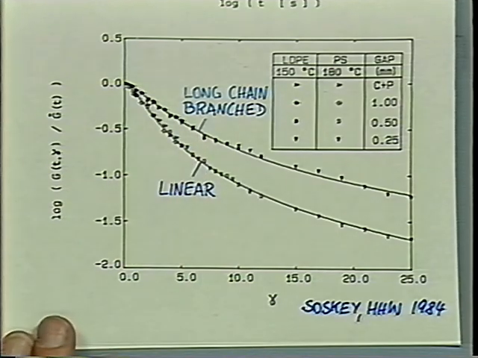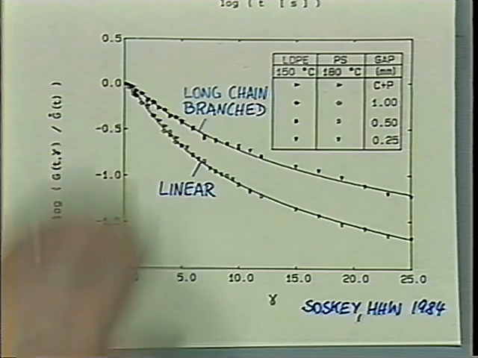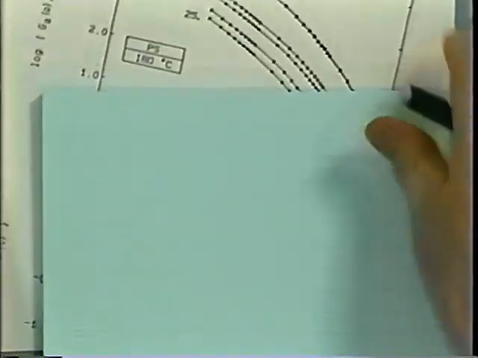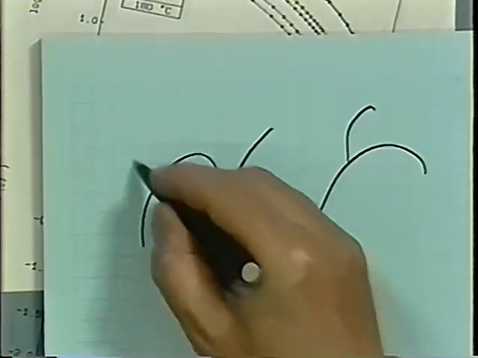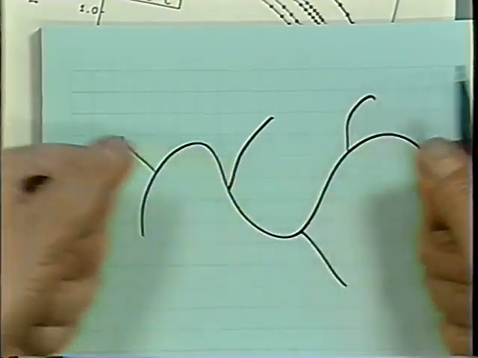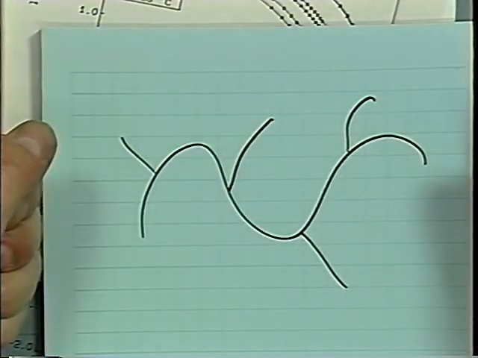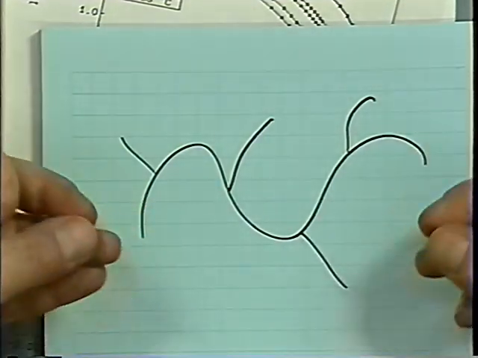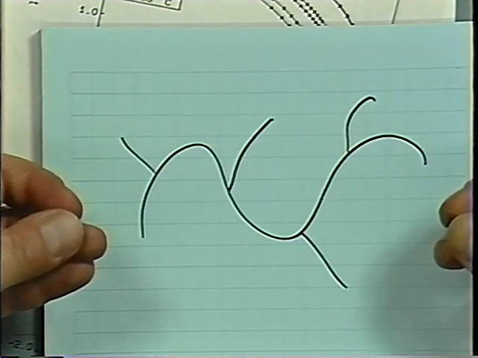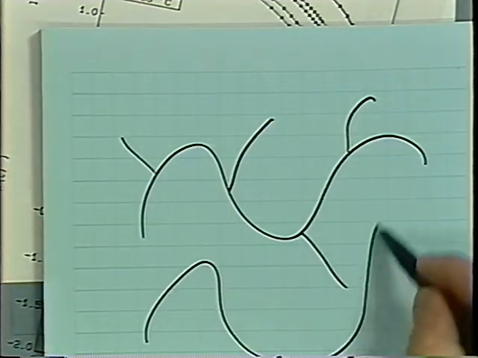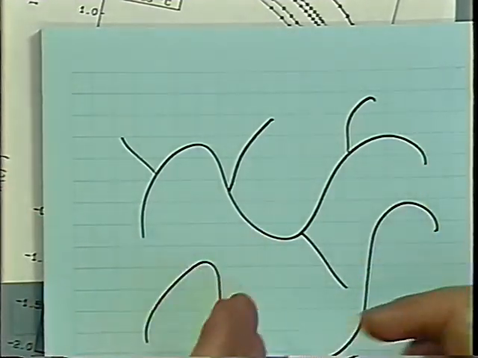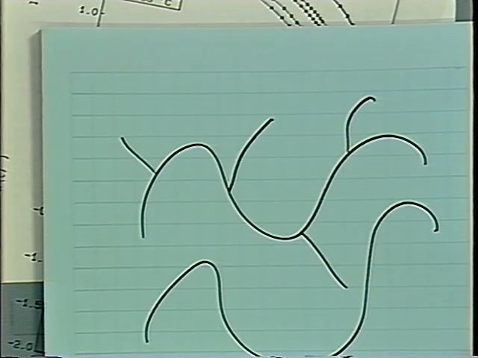This phenomenon is attributed to the molecular structure. You can imagine that a molecule which is long chain branched, if I take a long linear chain which has all kinds of side chains, that this chain, when subjected to a deformation in a matrix, will be anchored in the matrix, and it will not be able to relax very quickly, while a chain which is just linear will be able to retract much more freely in that matrix.